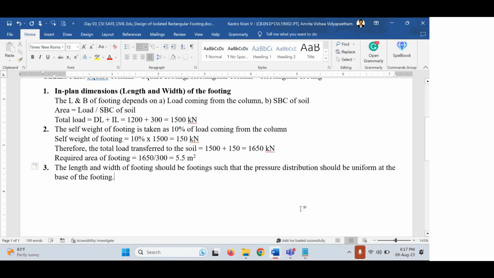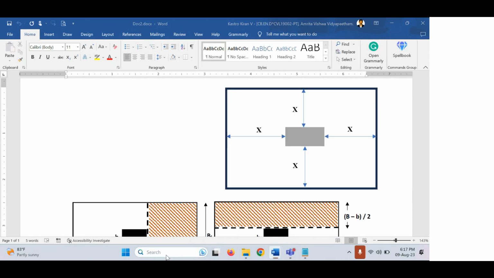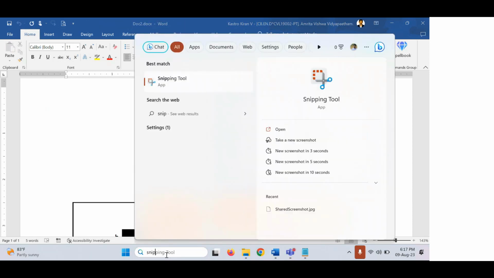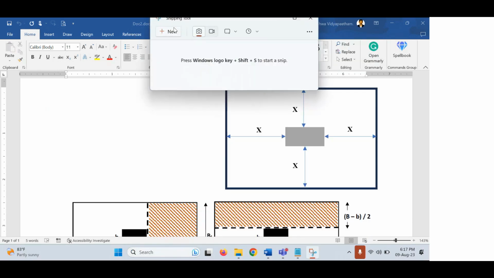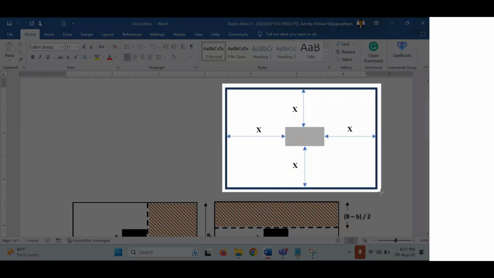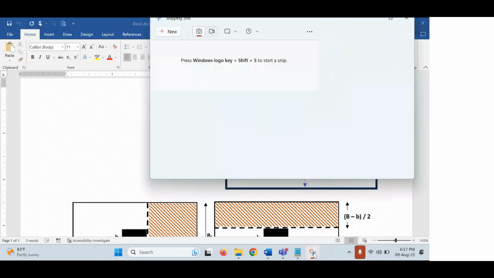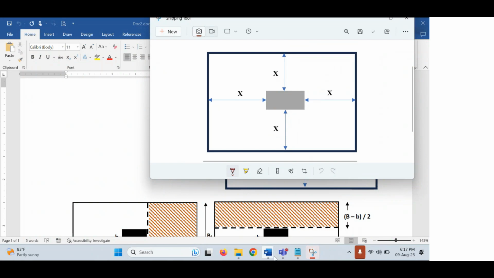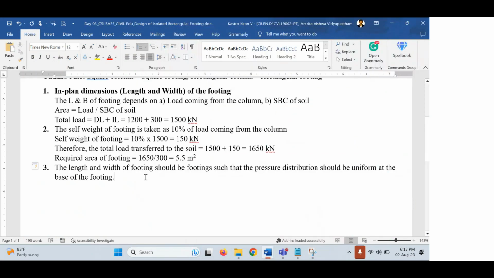Let me show you one particular diagram here. If you take this particular figure, let me paste it here.